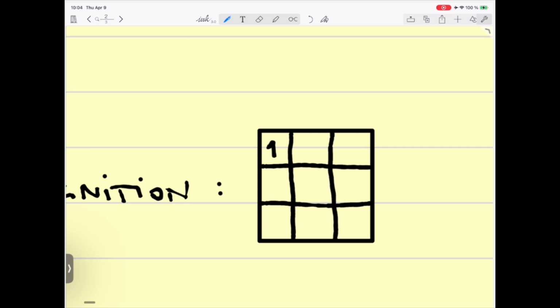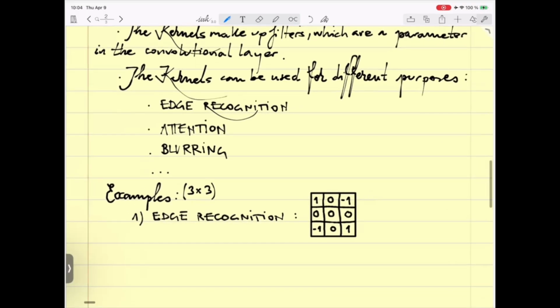So say we go ahead and say 1, 0, minus 1, 0, 0, 0, minus 1, 0, 1. Okay. So here we are looking at, here in the middle is 0.